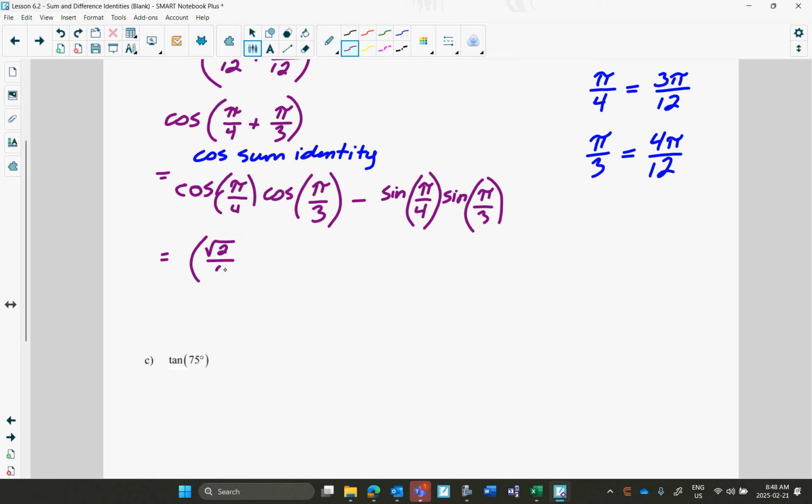So I can replace cos pi over 4 with that. Times the cos of pi over 3. What's the cos of pi over 3? Should know these. Minus the sine of pi over 4, which is also root 2 over 2. What's the sine of pi over 3? Root 3 over 2.